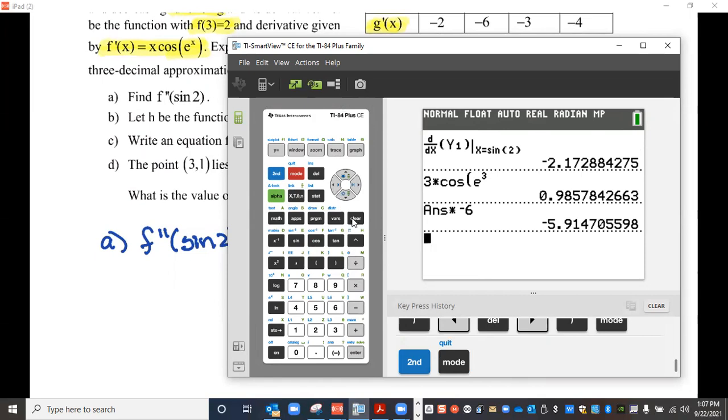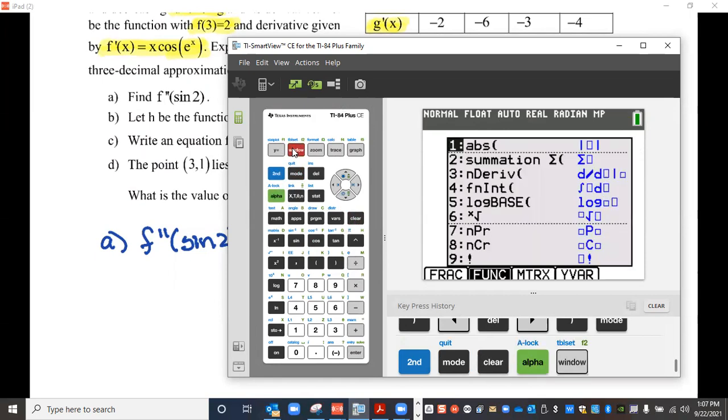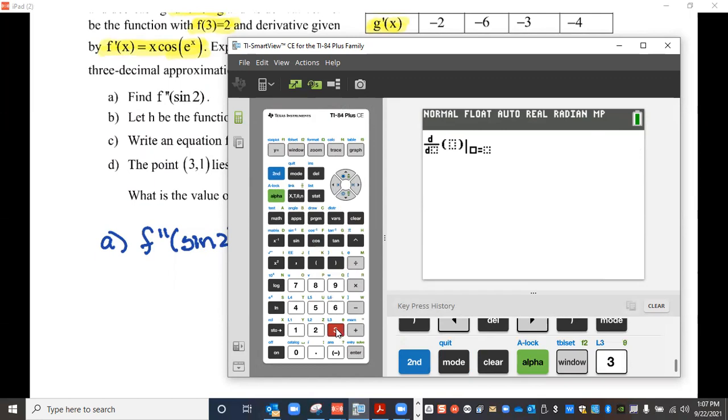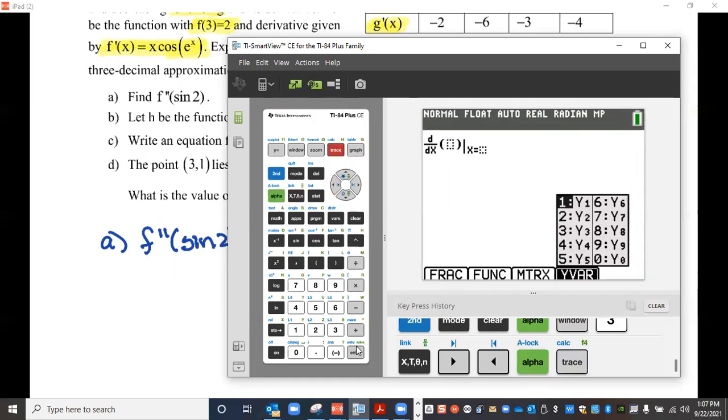Now, under your alpha window, you can select option number 3, which is that n derivative. That will calculate the derivative for you. We're always doing the derivative with respect to x, so I'll select an x in that denominator. Calculator is now waiting: what do you want me to find the derivative of? Well, we've loaded the function under y1. Remember, under your alpha trace is where you can find y1.